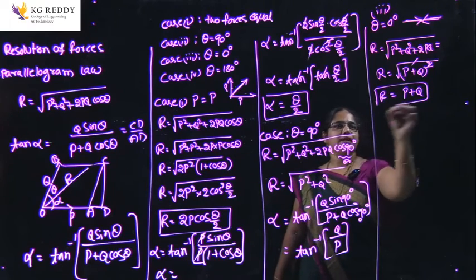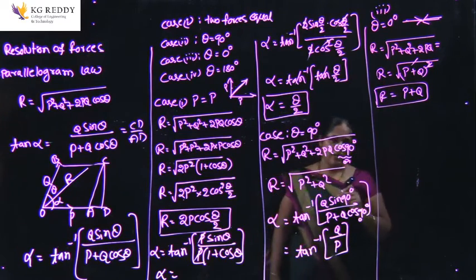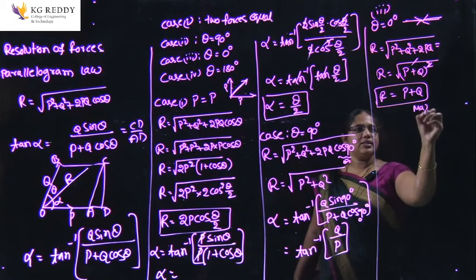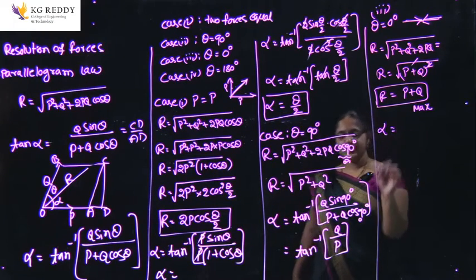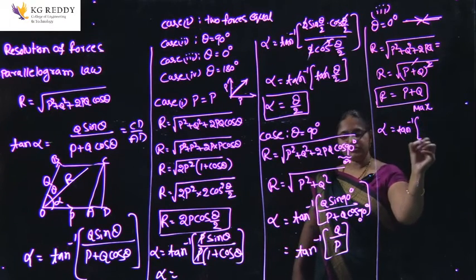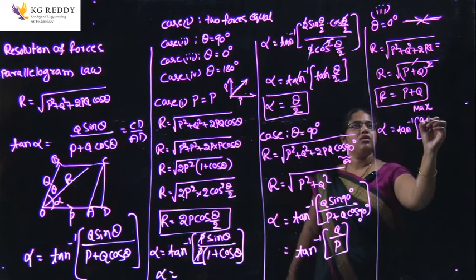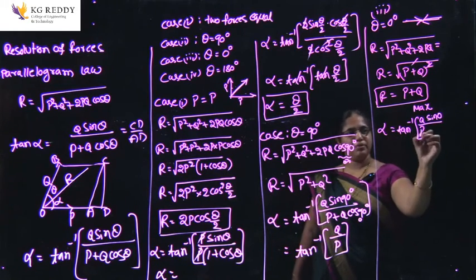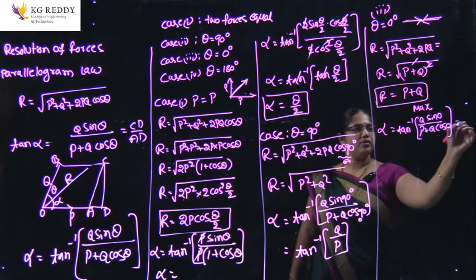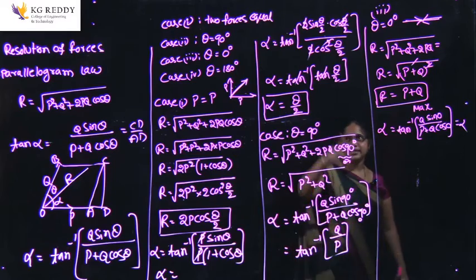So, in this case, whenever theta equals 0, we can say directly the resultant value is maximum, and alpha is again tan inverse of Q sin 0 divided by P plus Q cos 0, so it is 0 here. And the last one is 180.